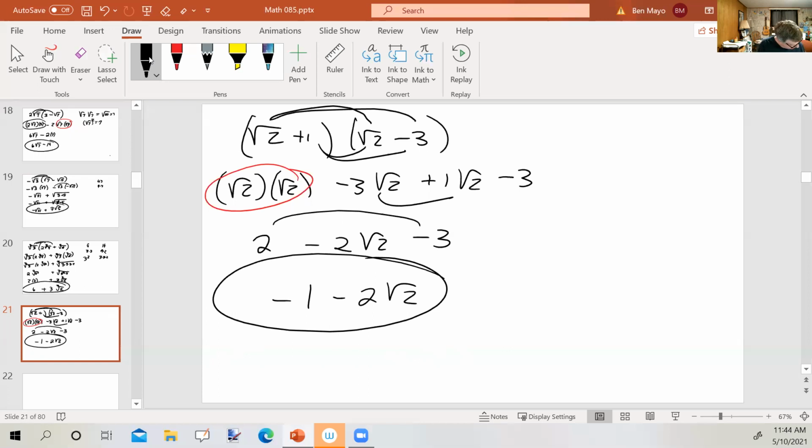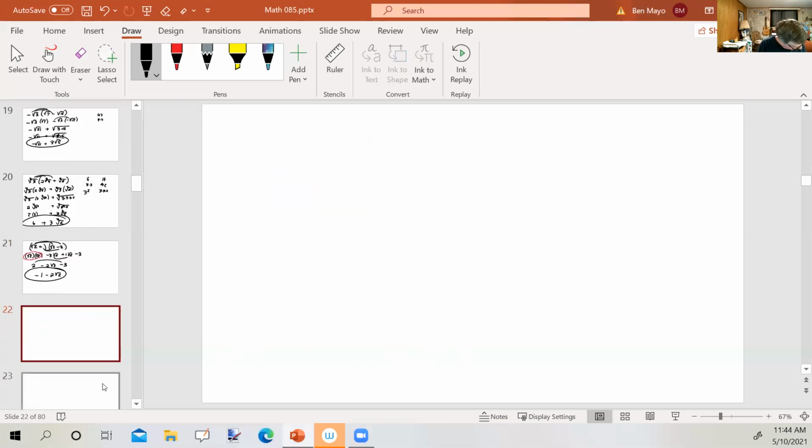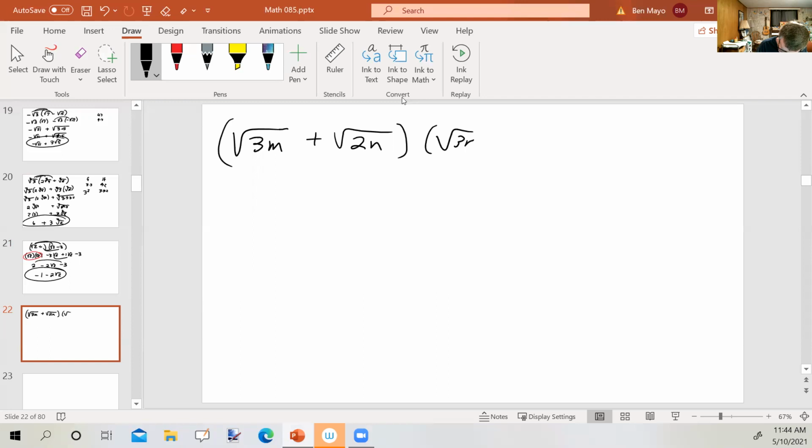Let's see here. The square root of 3m plus the square root of 2n times the square root of 3m minus the square root of 2n.